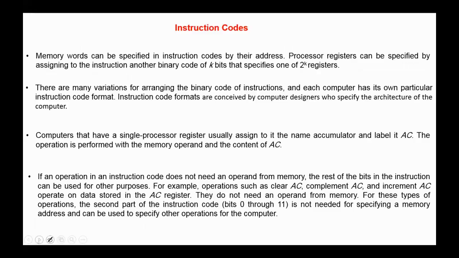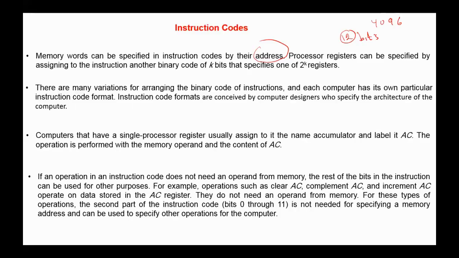Memory locations can be specified in instruction codes by their address. In the basic computer, we have 4096 locations, so we need at least 12 bits to address each location.